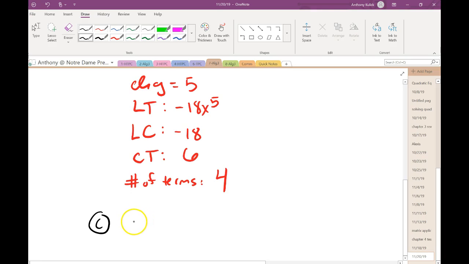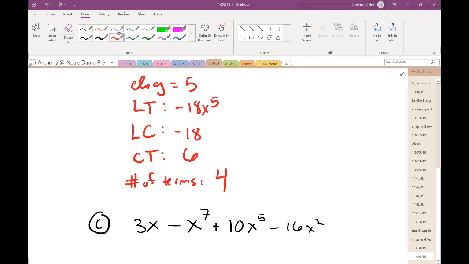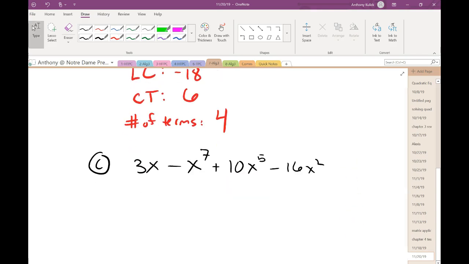Should be able to do this again. Is this a polynomial? Yes.